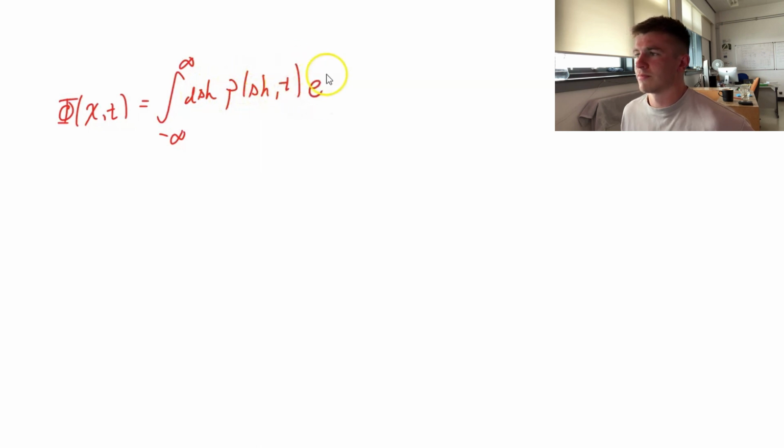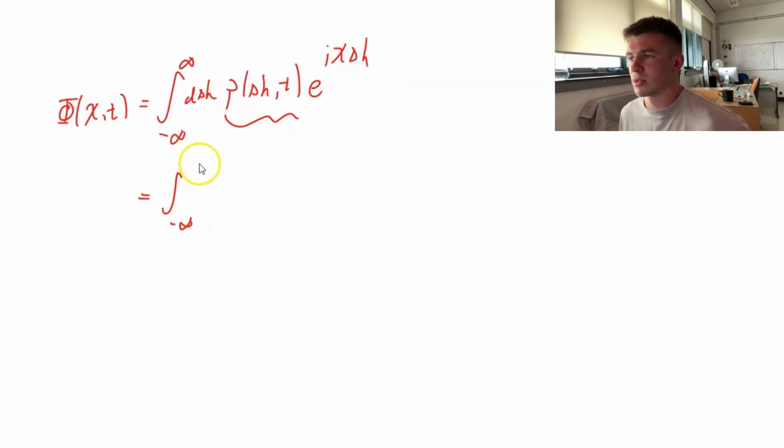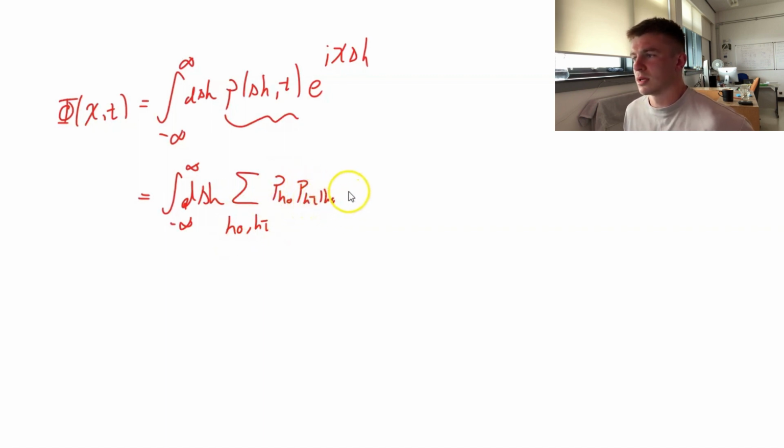So here we've got our characteristic function, and let's quickly figure out what it's going to look like. So what is this probability? Well, we had it on the slide before. So it's this sum over all the h0, h tau, p(h0), p(h tau given h0), and the delta function.